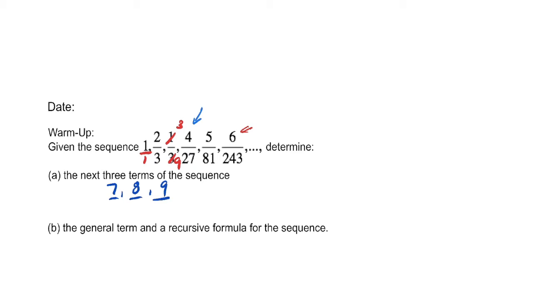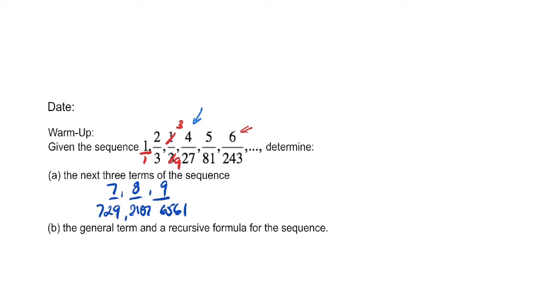And so the next three denominators of this sequence are 729, and then 729 multiplied by 3 is 2187, and finally, the last one is 6561. So this one's a little bit tricky, but those are the next three terms of our sequence.